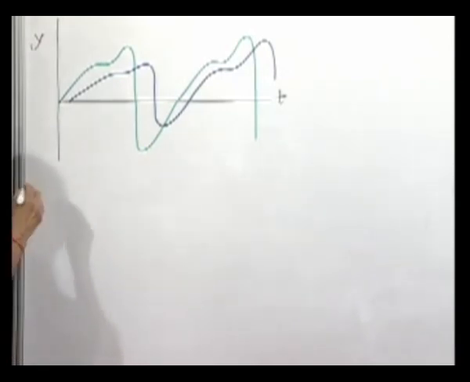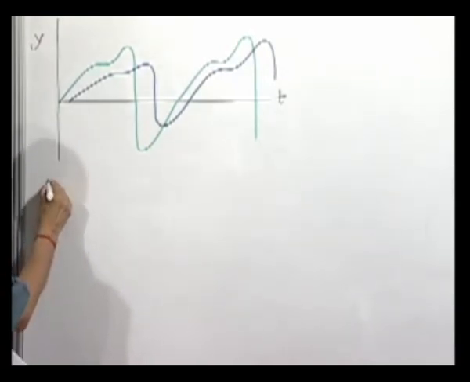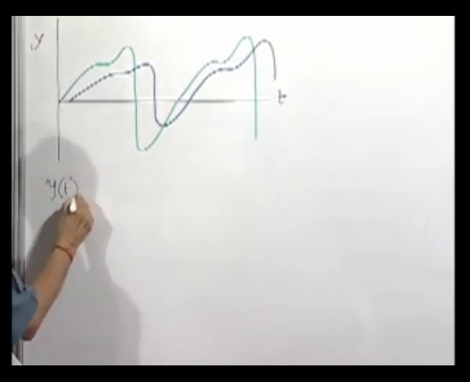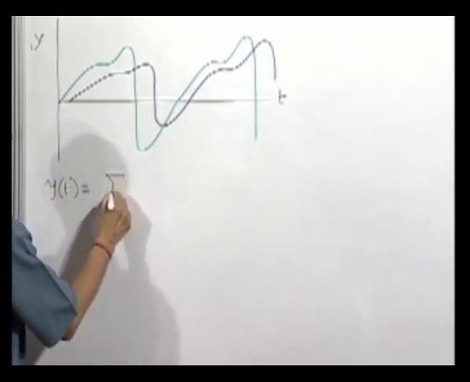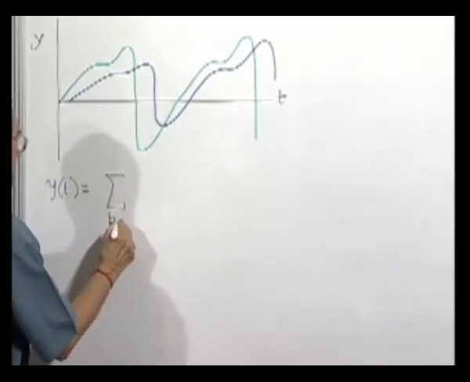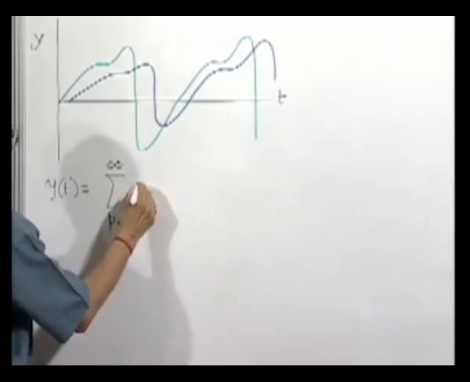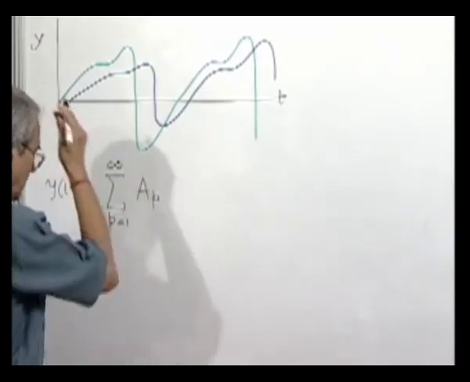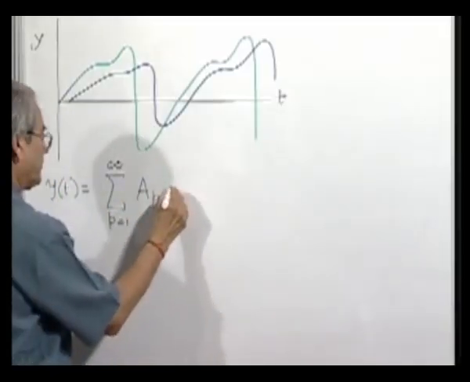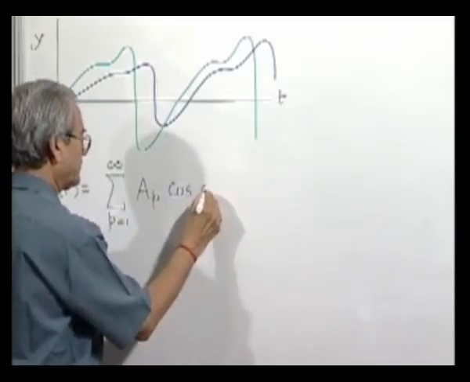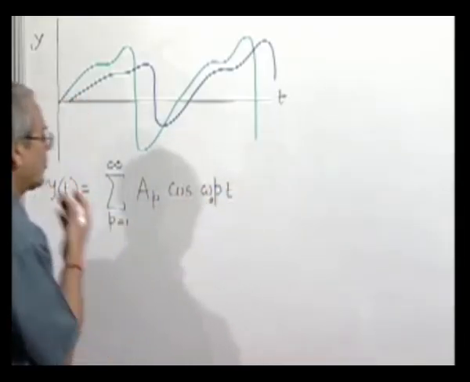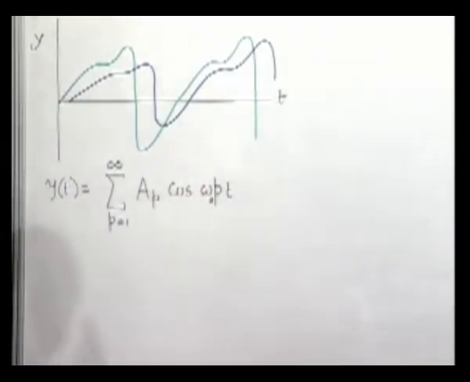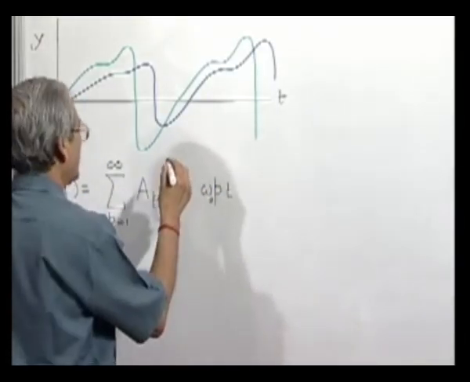Say the vibration is given by Y, a function of t. If it is periodic but not exactly harmonic, we can represent it through a Fourier series, where omega 0 is the fundamental frequency. How do you find it out?